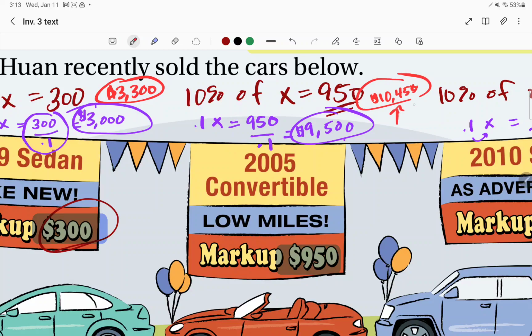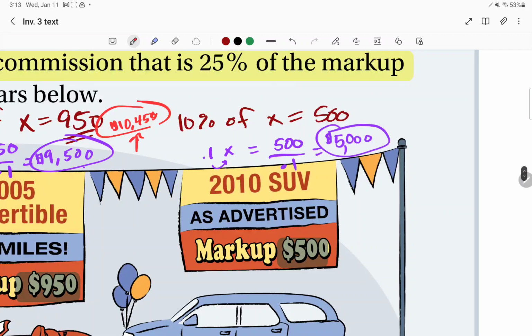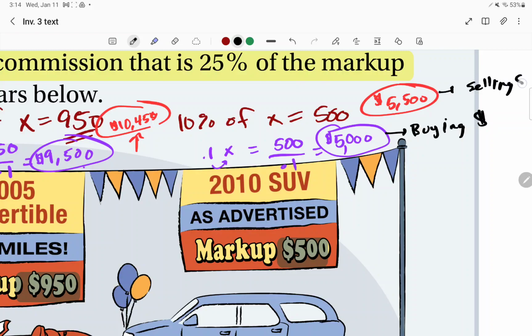Again, that's what you are purchasing it for. And then lastly, you would add 500, so that's 5,500. Okay, that's the selling price. So this represents the buying price, and this represents the selling price.